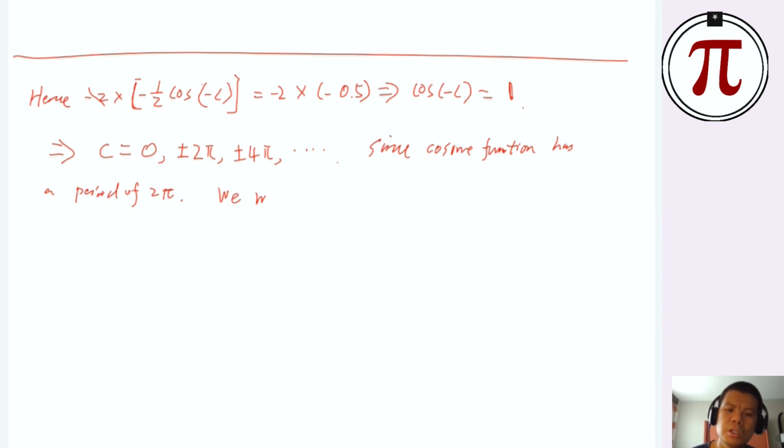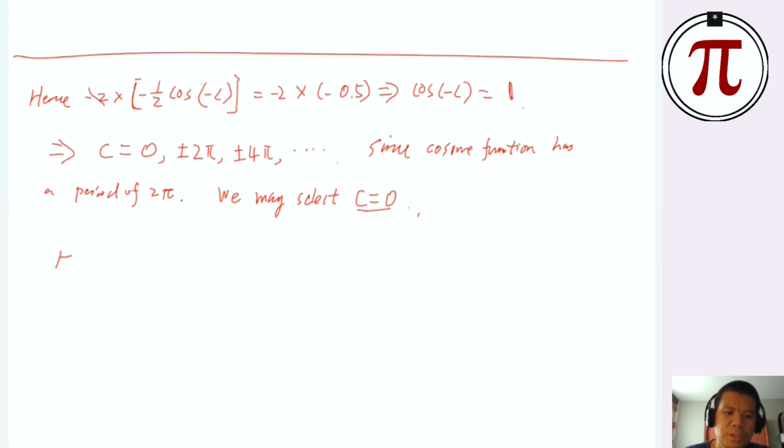If you move 2 pi, it will be exactly the same shape as not moving, because it has a period of 2 pi. So moving leftwards or rightwards for 2 pi doesn't change the shape. So we may select c equal to 0.